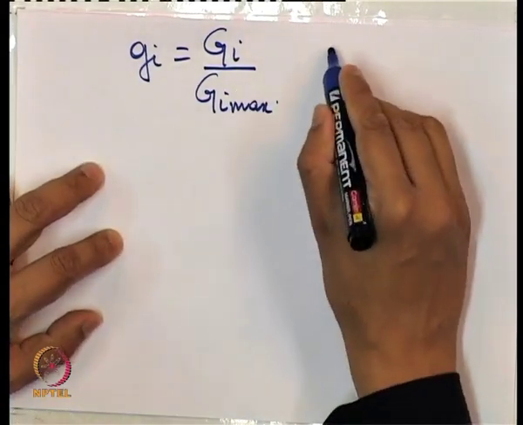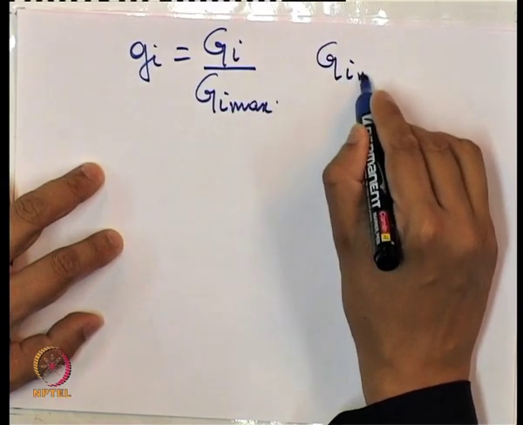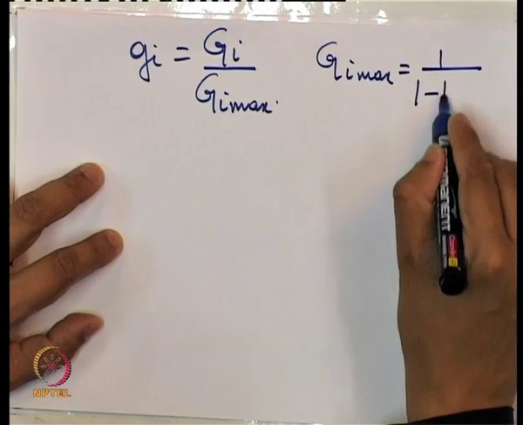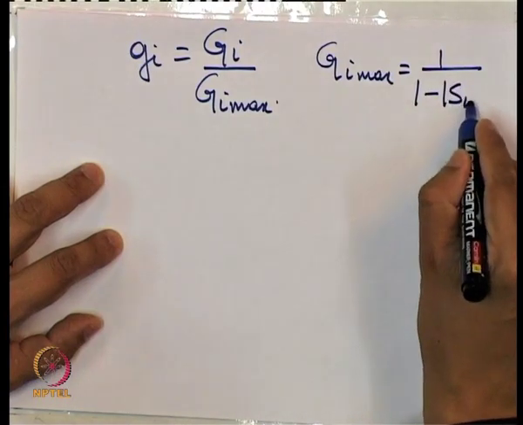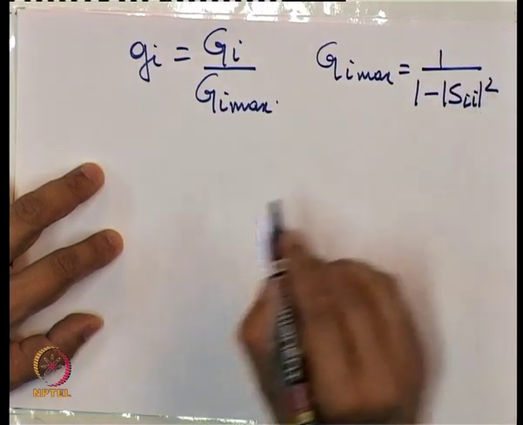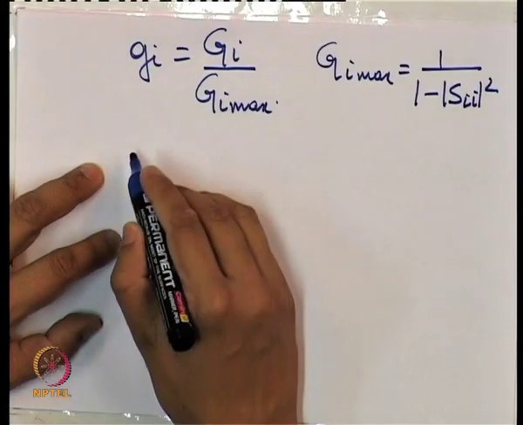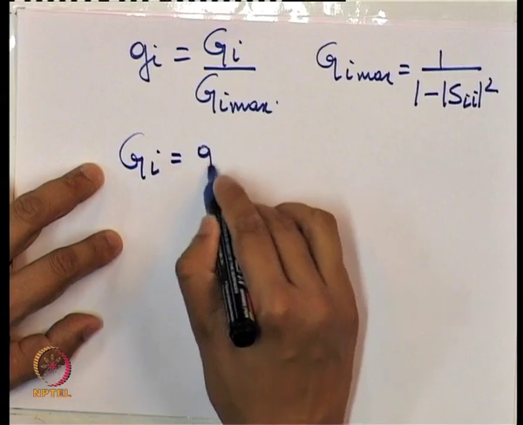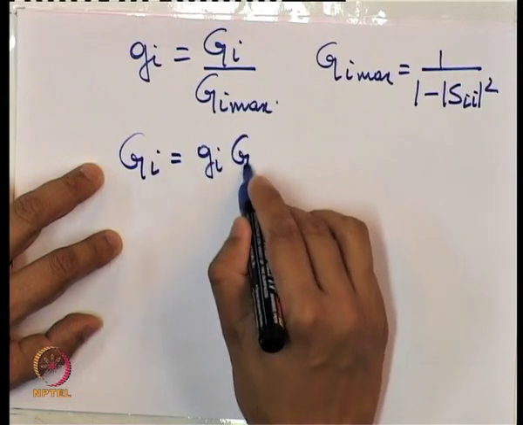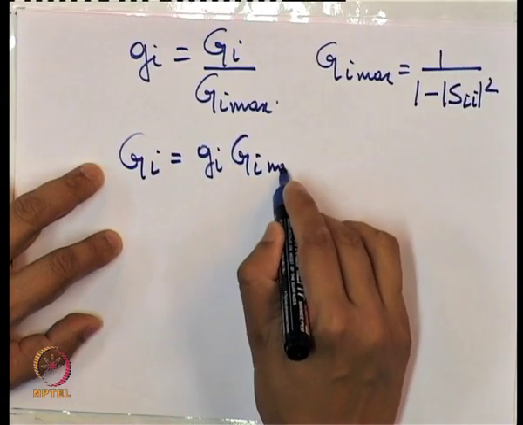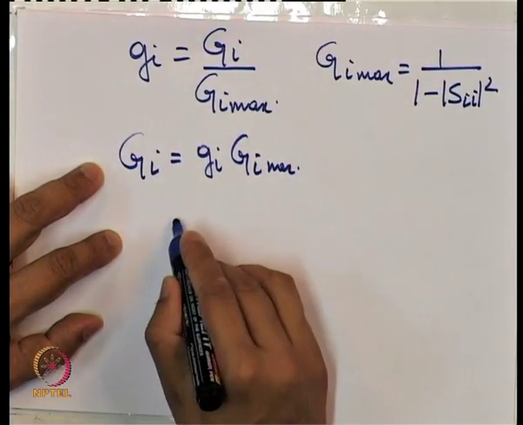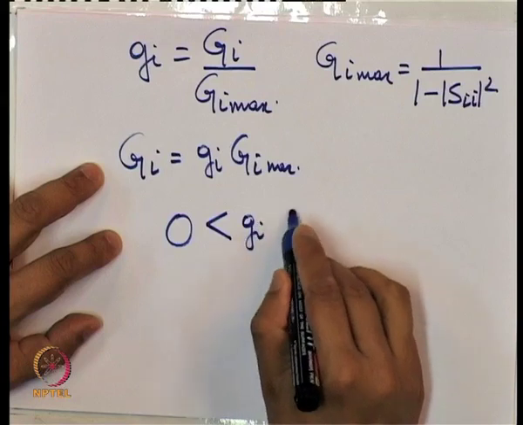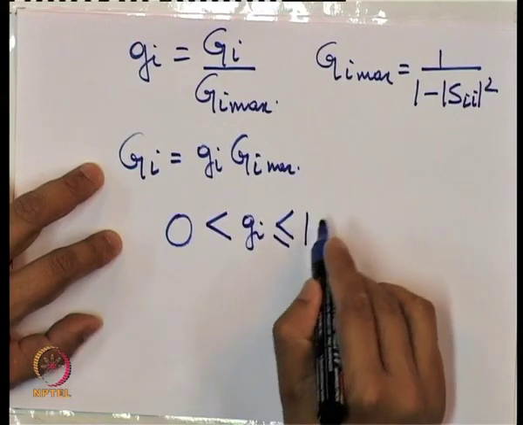Then we know that Gi max is given by this equation, and small gi will verify this equation. This in turn verifies that small gi is between 0 and 1.